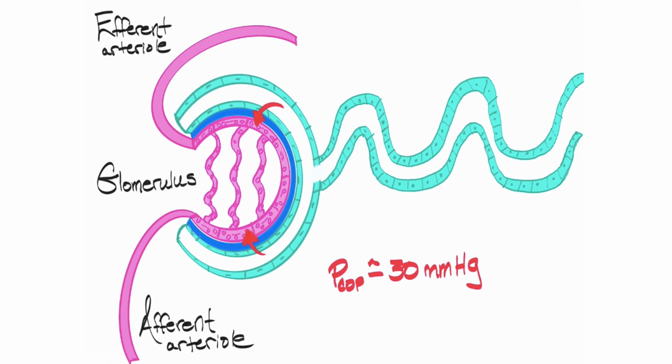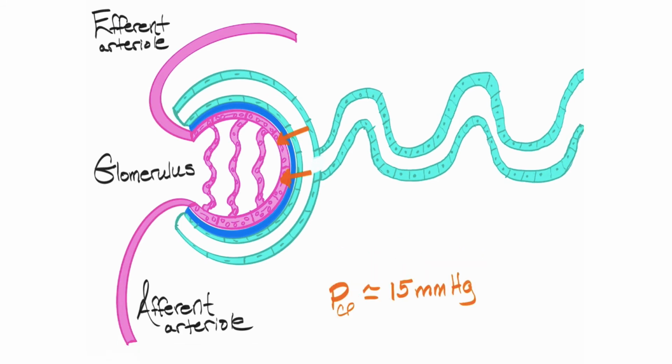As fluid leaves the capillaries, but those large plasma proteins remain in the capillary bed, that creates a high solute concentration in this capillary bed, in this case the glomerulus, and that high solute concentration is going to attempt to draw water back into that capillary bed, back into the glomerulus. And this stands for colloidosmotic pressure, due to the plasma proteins in the glomerulus. And that is roughly 30 millimeters.